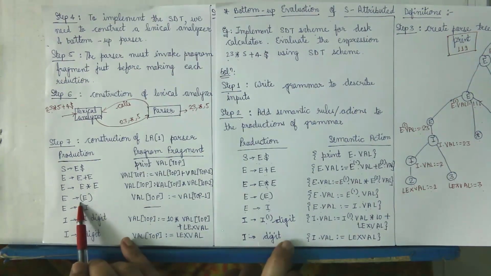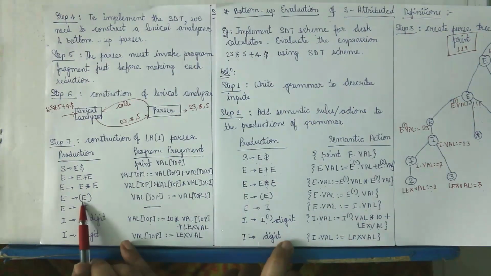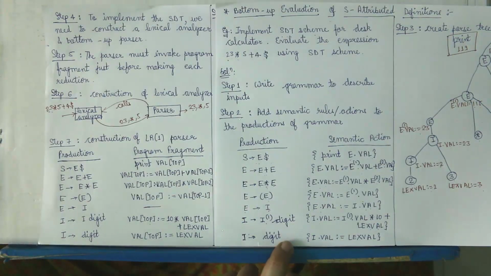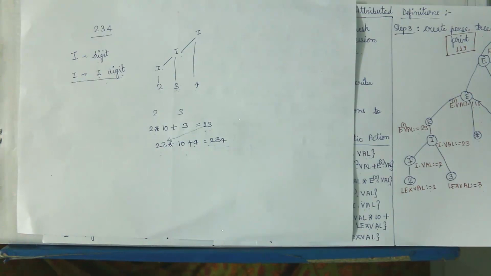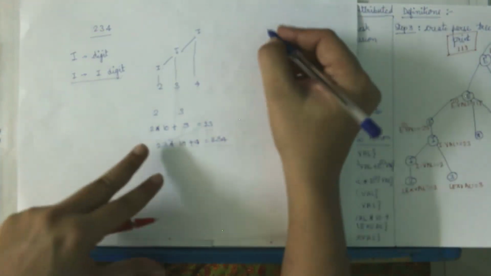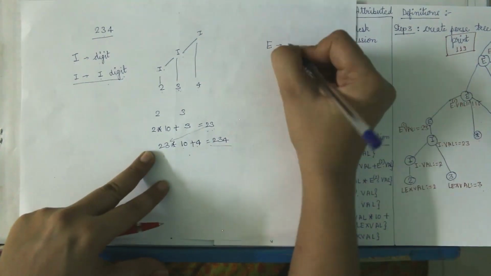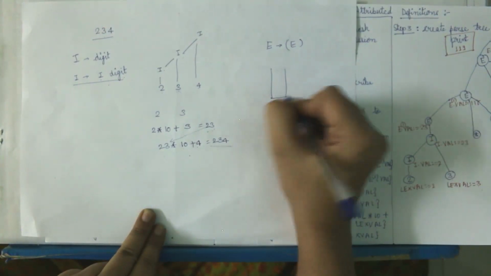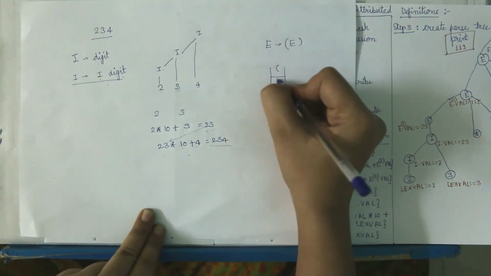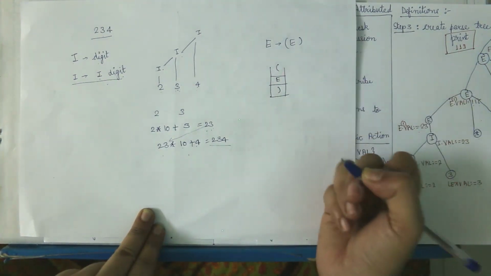If you see this bracket E bracket, and if I want to represent the same with the help of the stack, let's try to understand here. If you want to represent E tends to (E), we can represent the stack like this: bracket, E, bracket.